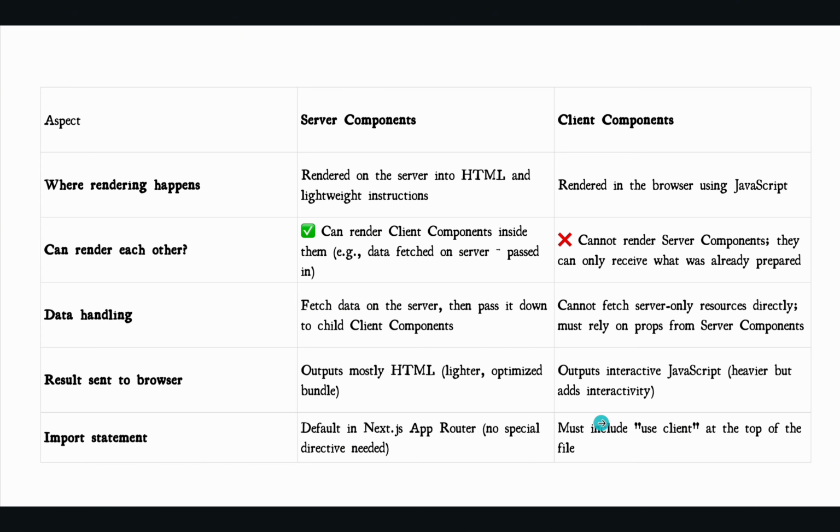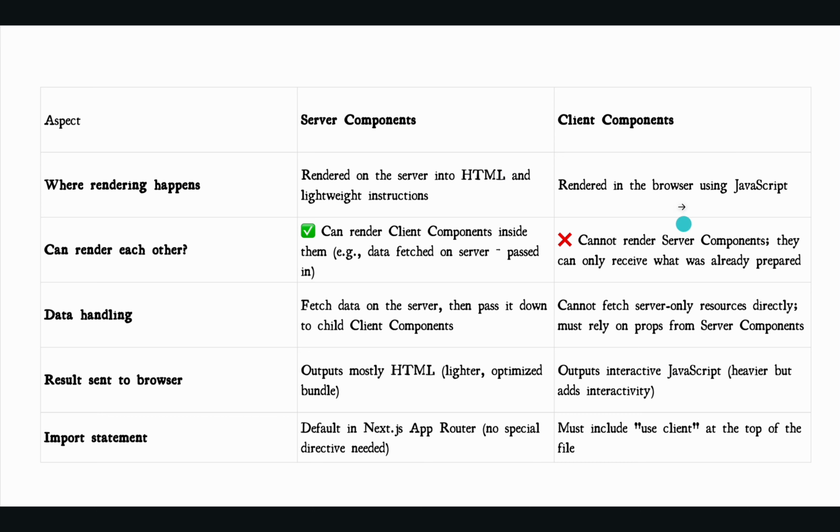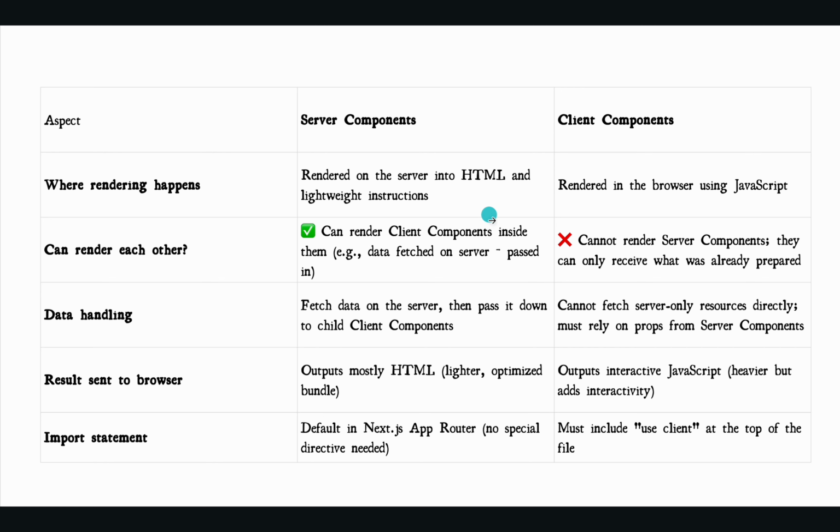So this is what I really want us to pay attention to, which is what this error is talking about. So client components are the components we're already used to in React. They can use hooks, like useState, useContext, which is the issue we're having here, right? createContext, behind the scenes, uses useContext in styled-components. But by default, the components in Next.js are server components, right?